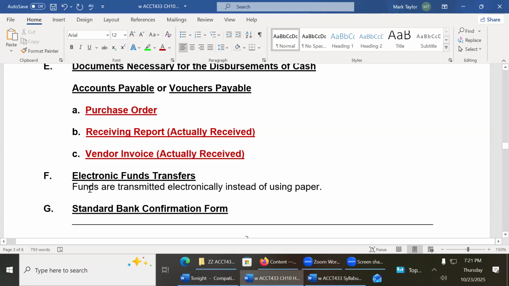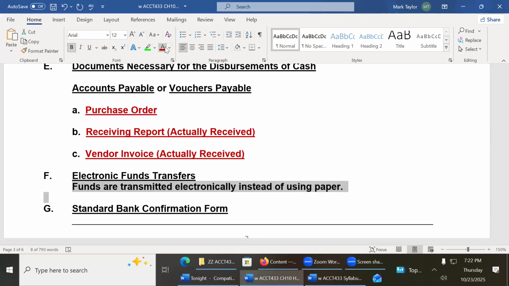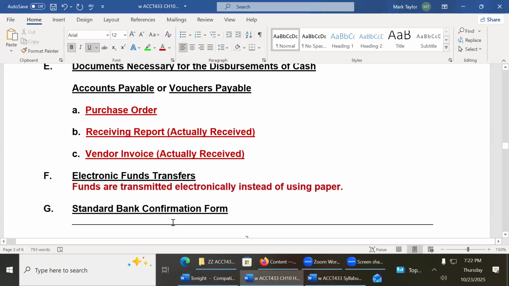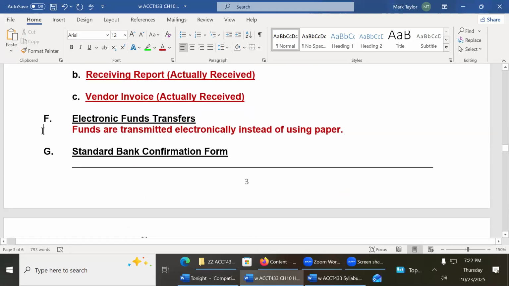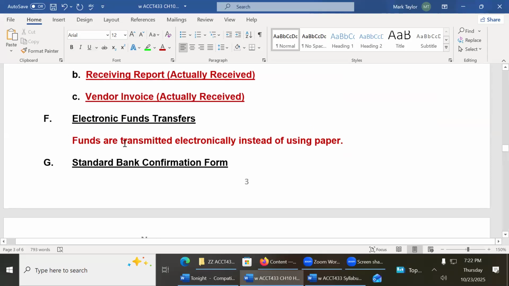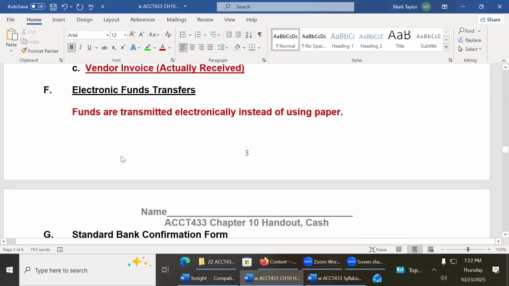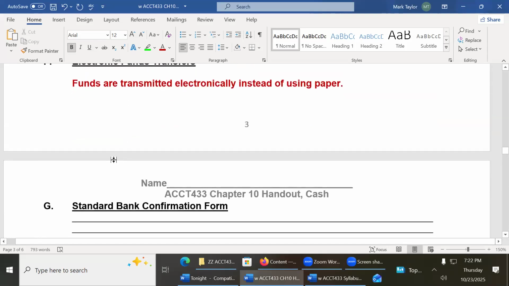Funds are tracked electronically instead of using paper. And again, in business, from one company to another, this is absolutely required. Back when I graduated 30 years ago, there were many companies that would not write paper checks. They won't write paper checks, they won't receive paper checks.